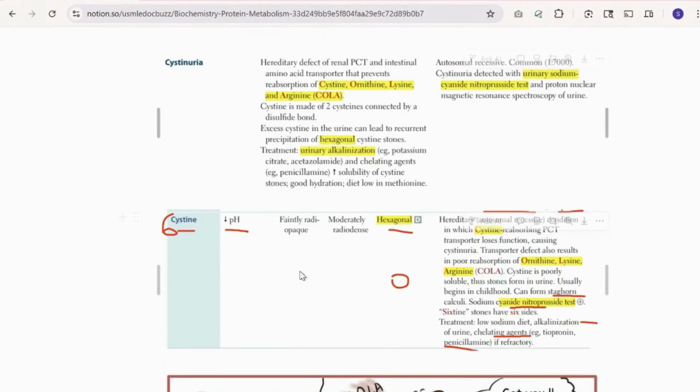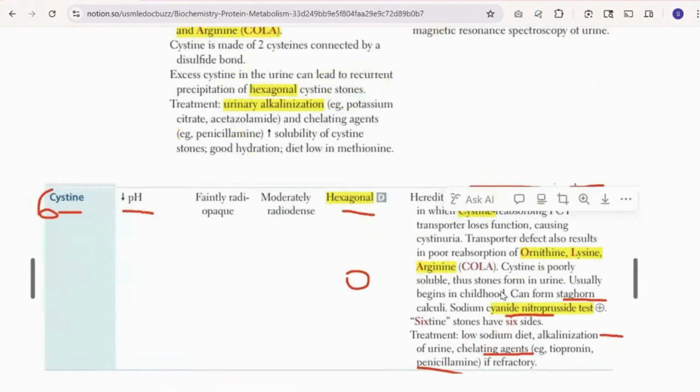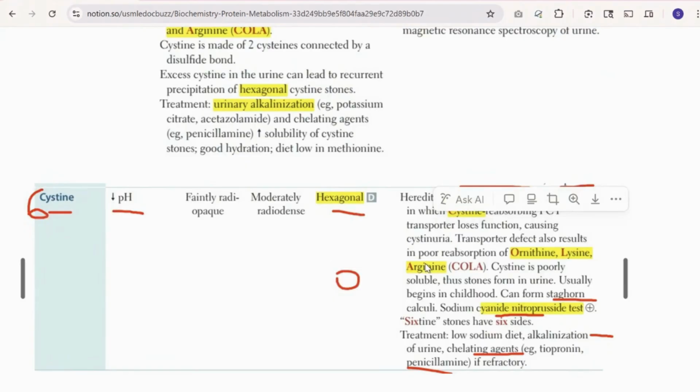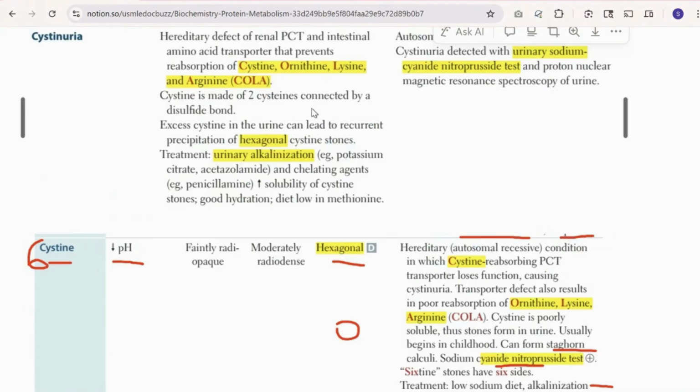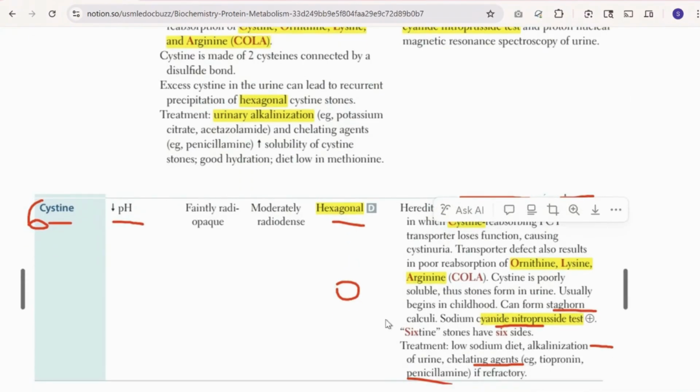Cystinuria is excretion of amino acids, right? Especially which ones? Sorry, poor reabsorption, not excretion. Poor reabsorption of these amino acids. What ends up happening is they go into the urine and they crystallize. Okay. All of these, you see, the transporter defects lead to crystallization during acidic pH, right?